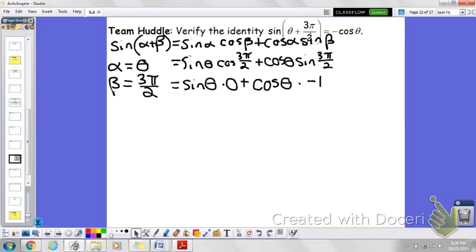Well, sine of theta times 0 is just 0, plus the cosine times negative 1, which is just negative cosine of theta. So that leaves us with a negative cosine of theta, which was our goal.